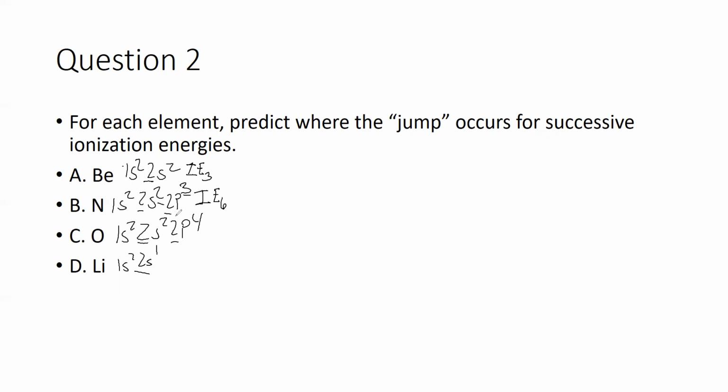We have 5 valence electrons, so the 6th electron we try to remove would be very hard. Oxygen is 7 because we have 6 valence electrons, and then lithium is 2. So the jump is the number of valence electrons plus 1, because you're trying to remove core electrons at that point.